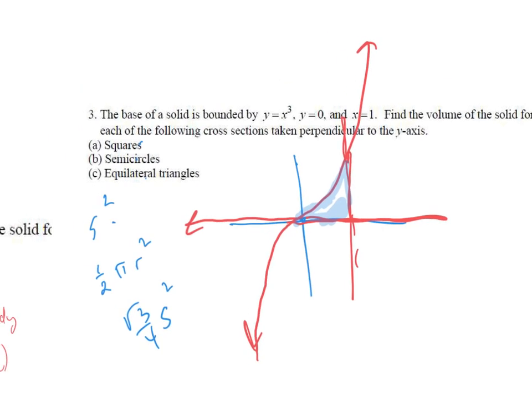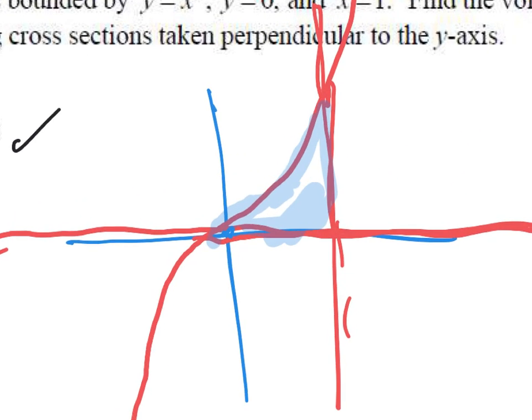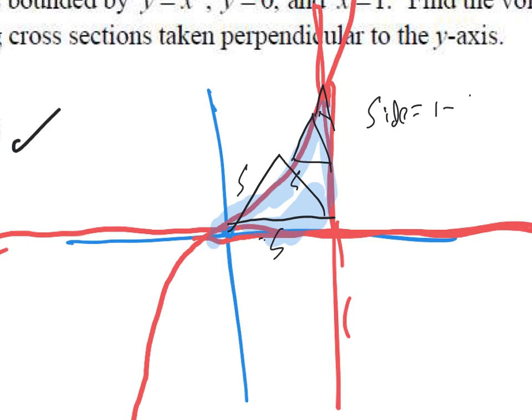Here goes. Same picture, equilateral triangles. Okay, so the triangles are perpendicular to the y-axis, so they're doing an equilateral triangle doing this. Smaller you go, equilateral. So whatever this side is, all of these sides were the same. We already know what that side is. The side was equal to 1 minus the cube root of x.